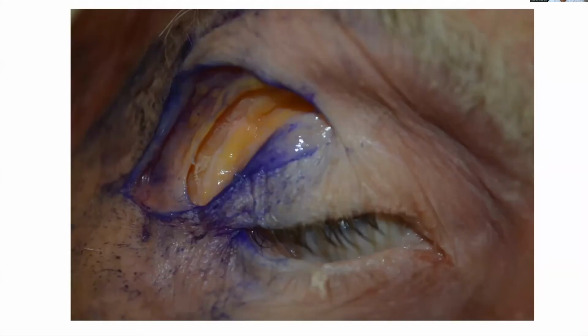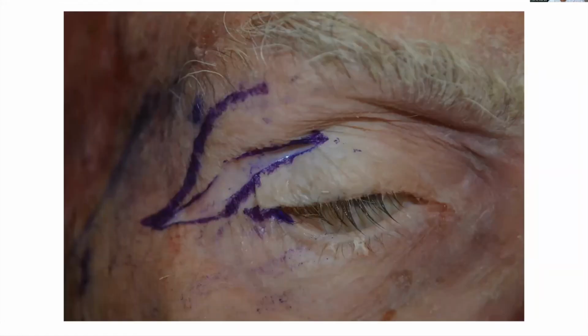And then by dissecting in that space, you will easily get into the area you need to. Now, in most abscesses, you don't need to perform such a lateral incision. This is mainly for decompression of the orbita for Graves. You can easily end up maybe somewhere at the level of the lateral canthus.